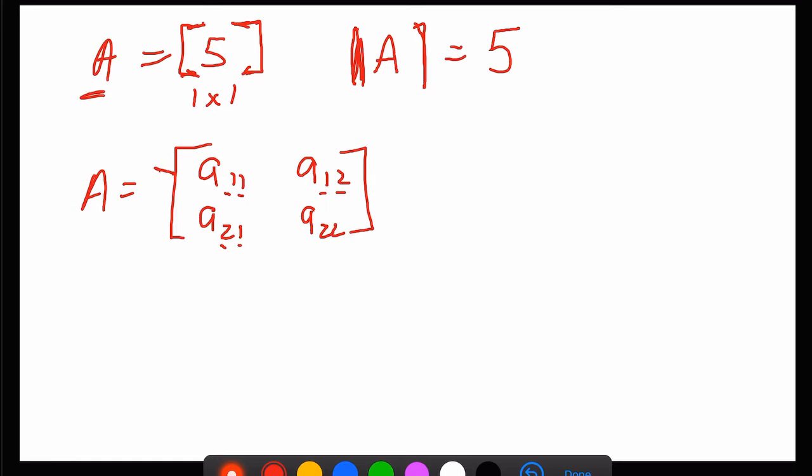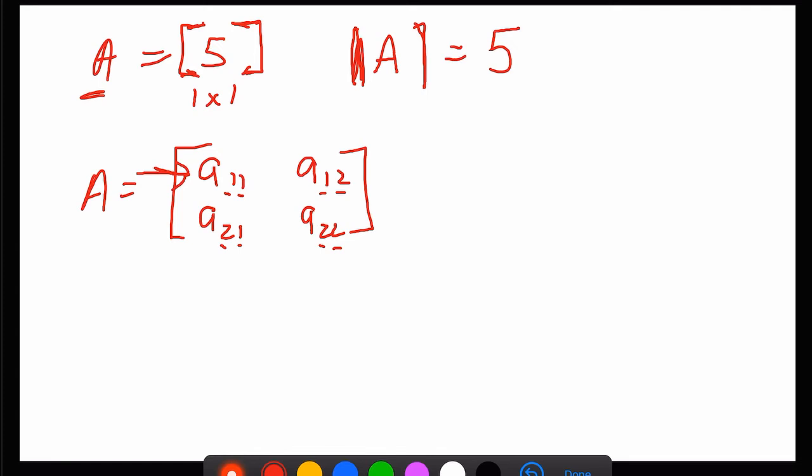Second row, first column. Second row, second column. Okay, so what we do to take this determinant is we pick a row or a column. And usually we just pick the first one, but there's reasons why you might want to pick another one. Doesn't really matter. We pick a row. So let's pick row 1.